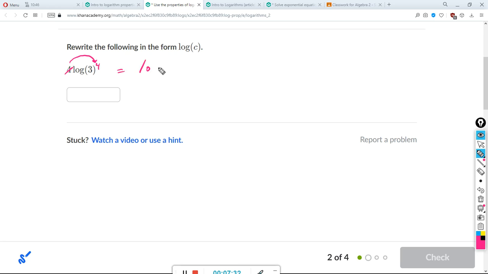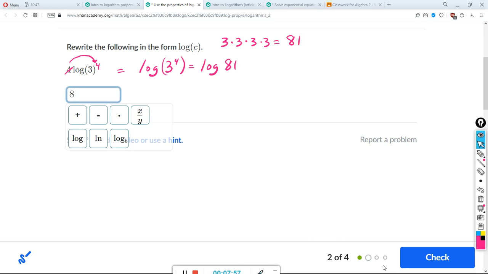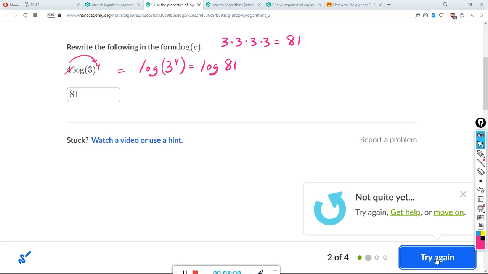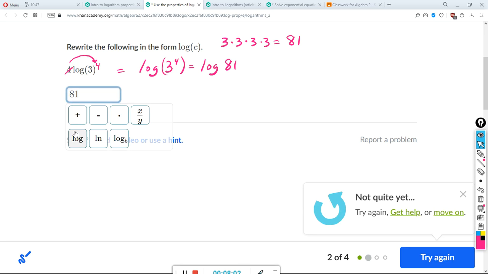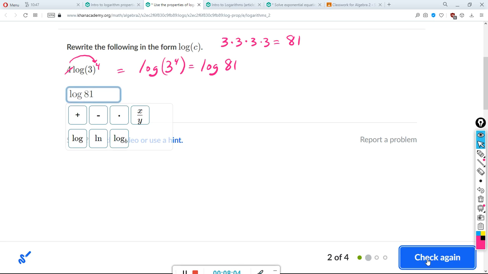So that's going to be the log of 3 to the 4th. That's 3 times 3 times 3 times 3, which is 81. I forgot to type log. Click log first, log of 81.